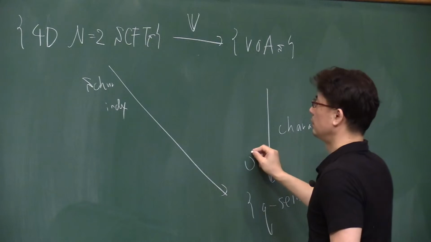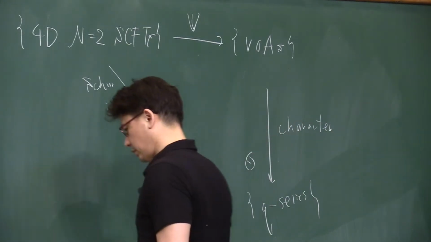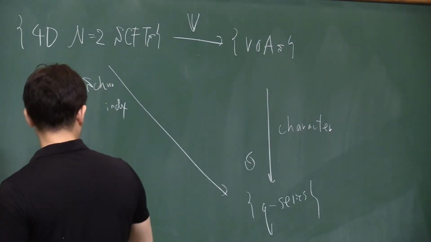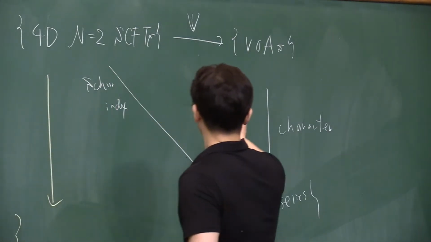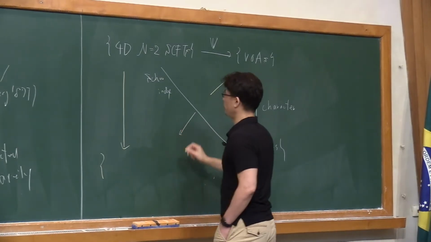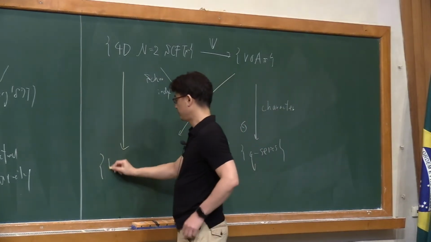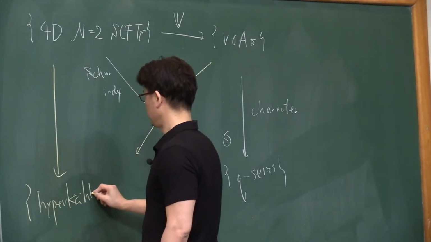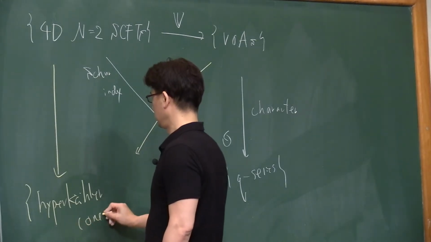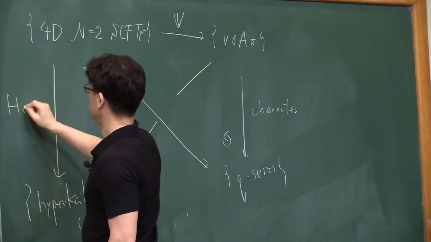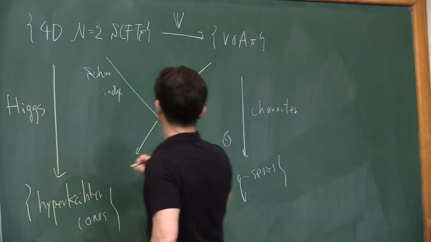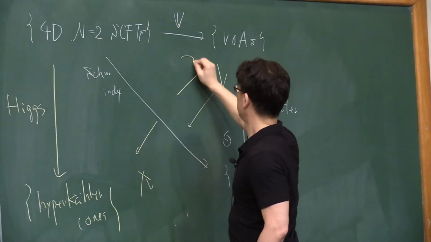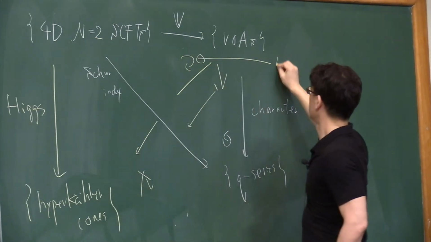And also, conjecturally, it makes it possible to describe the Higgs branches using vertex operator algebras. So this is the Higgs branch, and this is the associated variety. And this commutativity is the Beem-Rastelli conjecture.